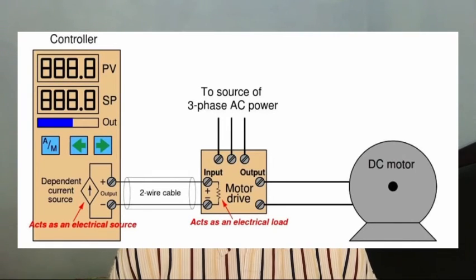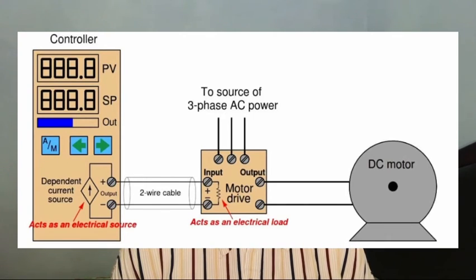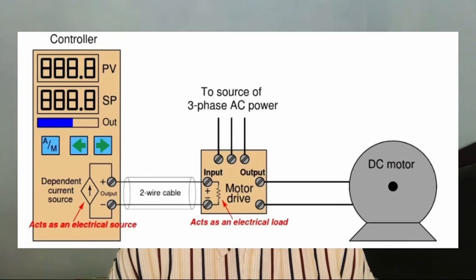Here, the variable speed motor drive is a high-power electronic circuit that takes three-phase AC power in and converts it to DC power at a variable voltage. That voltage level is controlled by the 4 to 20 mA signal from the controller output.